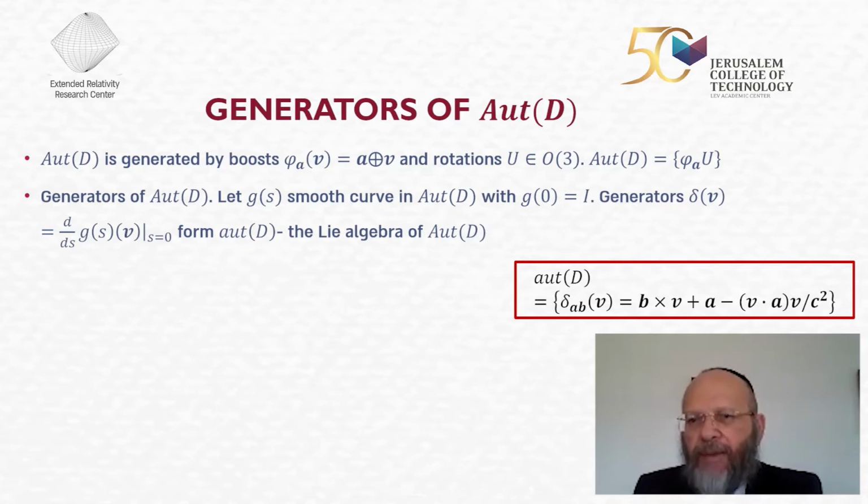Since you have two types, for the phi of A you'll get this expression: A minus the triple product V, A, with V over c squared.